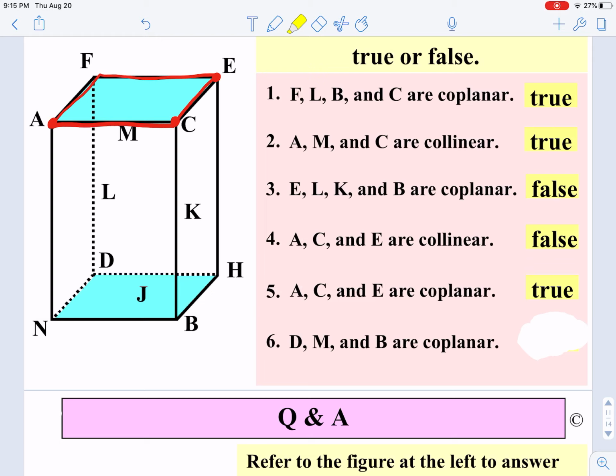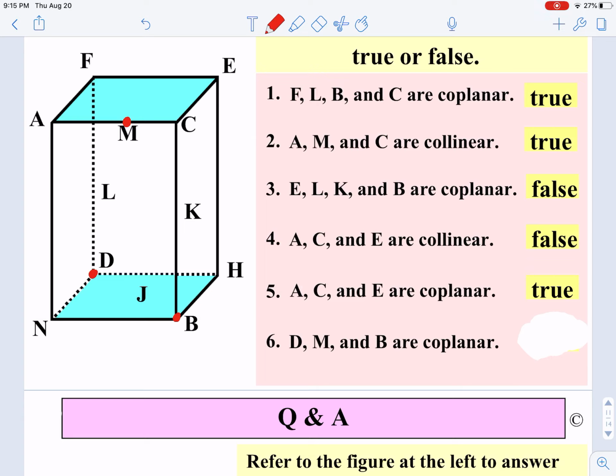And the last one in this section is D, M, and B. All right, M is up here, D is here, and B is here. D, M, and B are coplanar. Now, they are not collinear. They're definitely not on the same line.